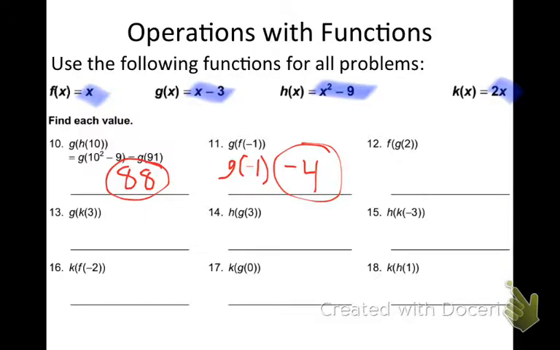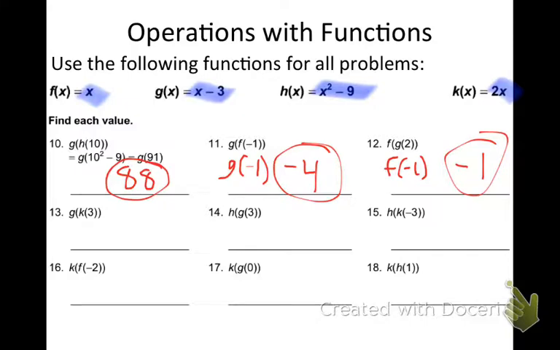Input, get an output, take that output, put in the next input. So number 12, f of g of 2. I'm going to take 2 and I'm going to plug it into which function first? G. So take 2, plug it into the g function. 2 minus 3 gets me negative 1. So I now have f of negative 1. Take negative 1, plug it into what function? F. And I get negative 1. There's my answer.